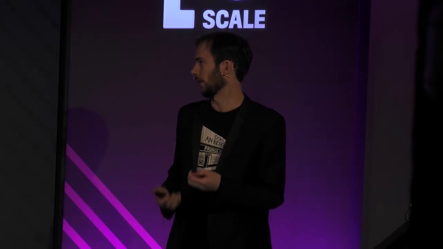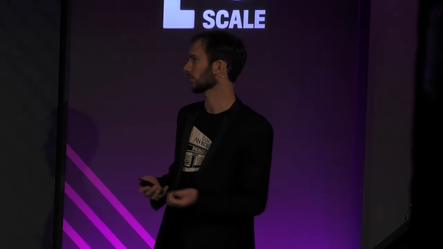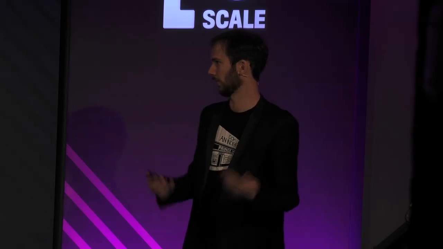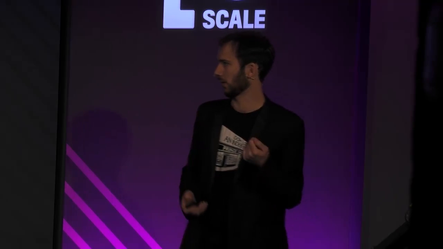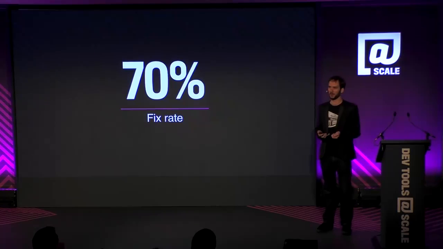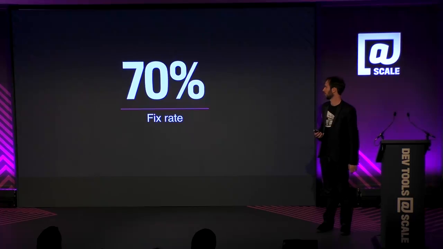If Infer was not giving very relevant feedback, then they would never fix the issues that it reports, or if it's not tuned well for the code base, or things like this. And these are things we saw at Facebook with other deployments of static analyzers. But with Infer, what we found is that developers actually fix 70% of the reports by Infer. So that's our main metric here.